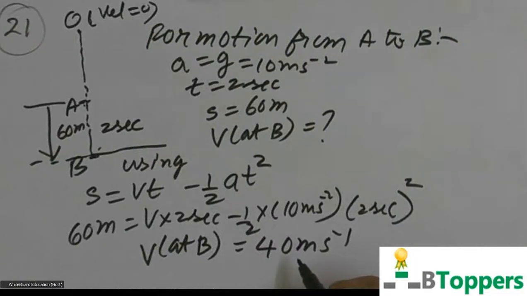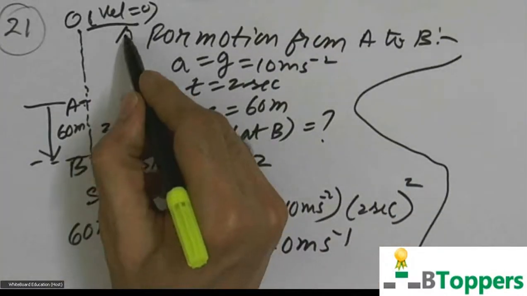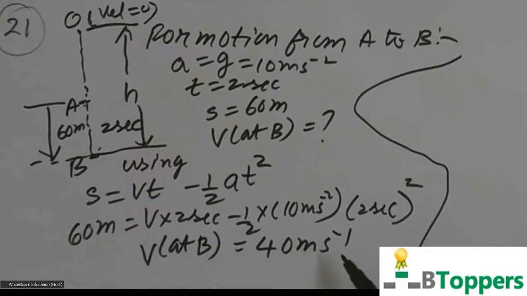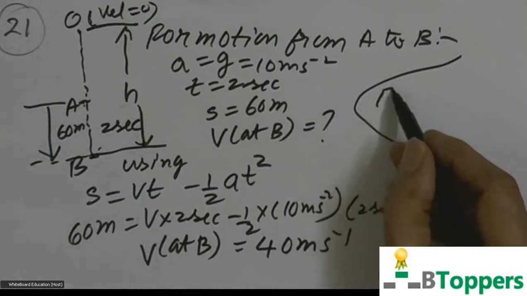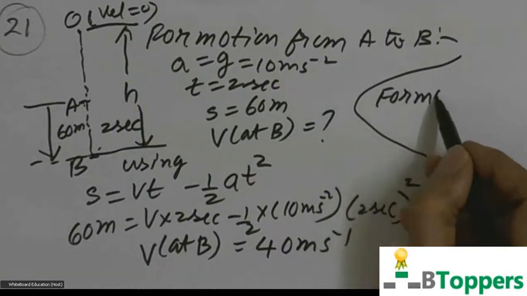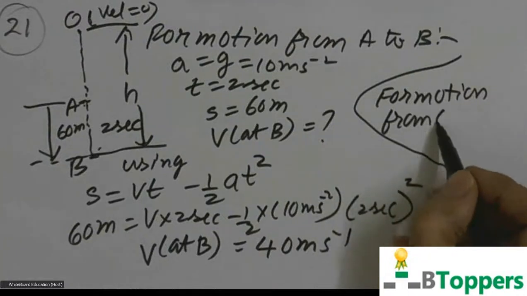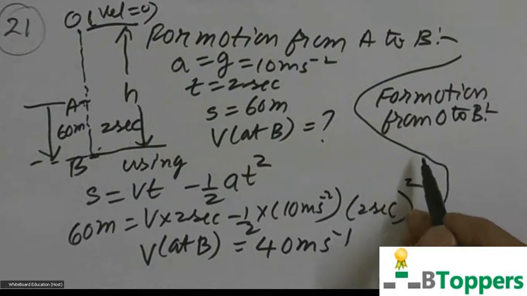To find the height from which it falls, you have to find the distance from O to B. Let H denote the height from which it falls above the ground, that is from O to B. So you consider the motion from O to B. Initial velocity at O is 0.